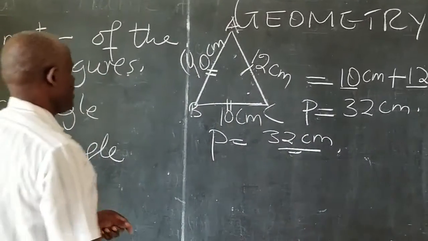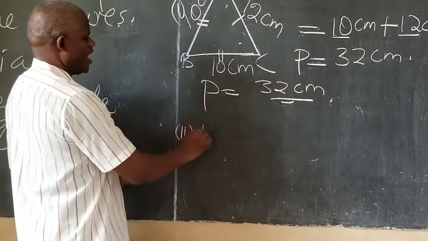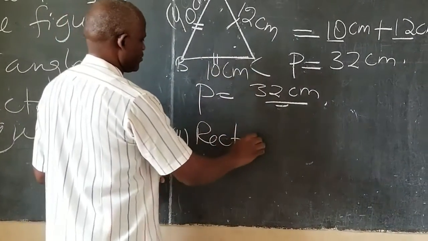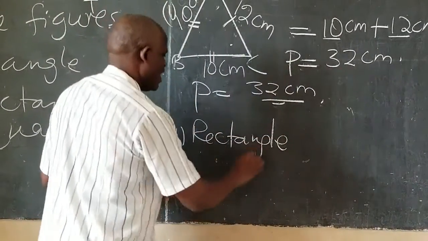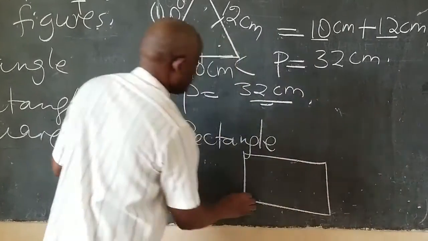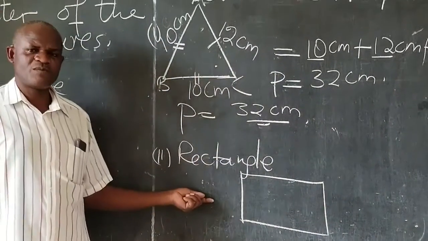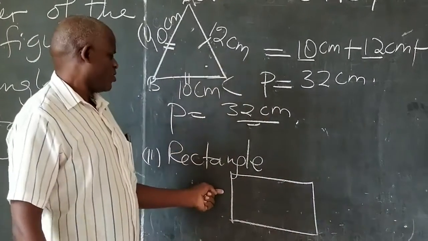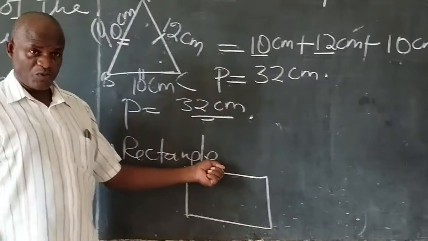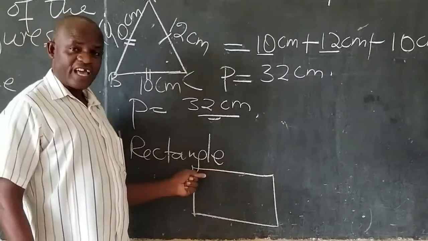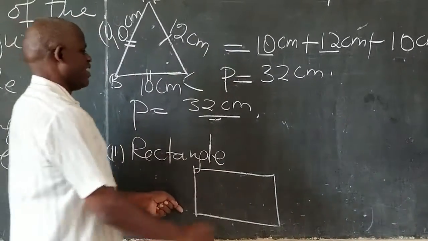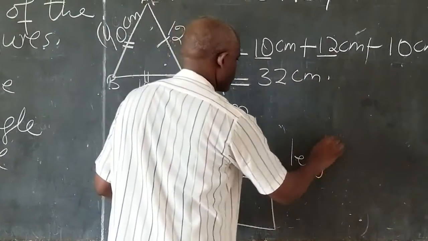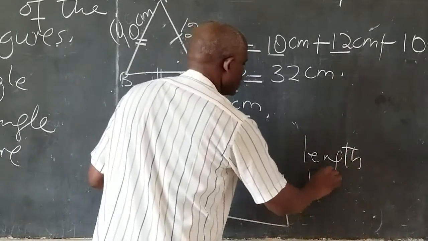Now let us see if it is a rectangle. This is a simple diagram of a rectangle. Rectangle has two kinds of sides, I mean there is length and there is width.